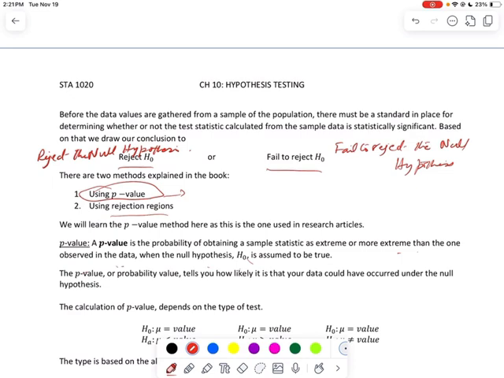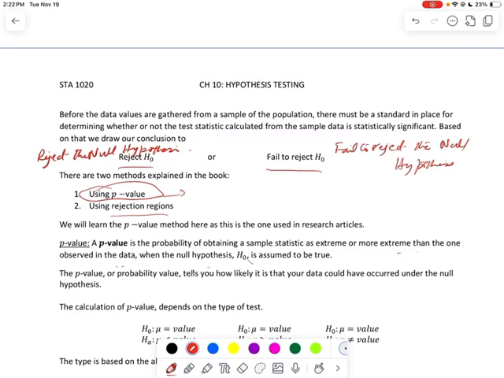As extreme or more extreme means how close it is to the number with which we will compare it, and based on that we will make a decision. So first we try to understand what a p-value is and how to calculate it.